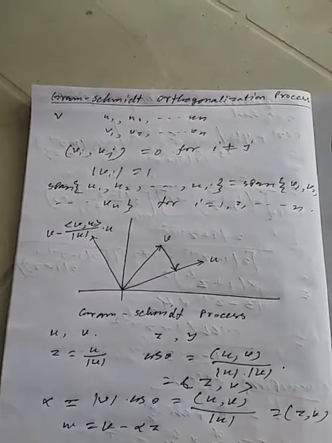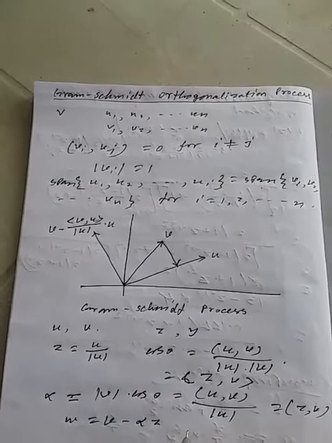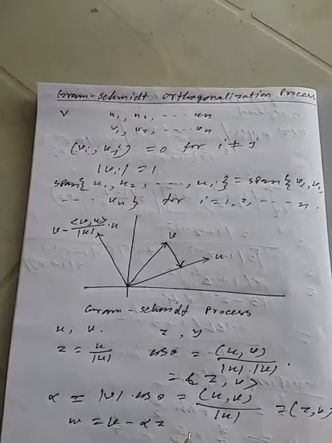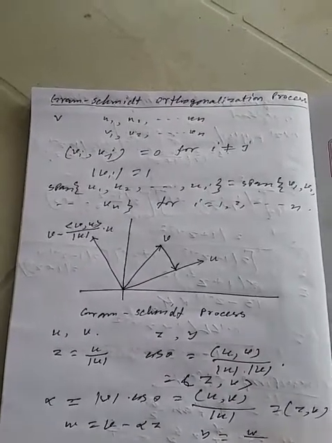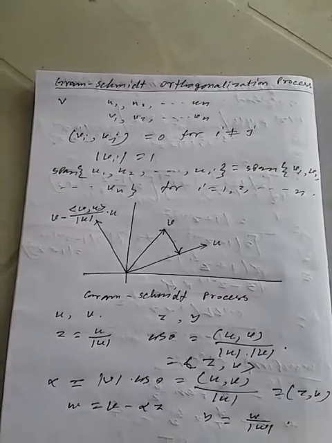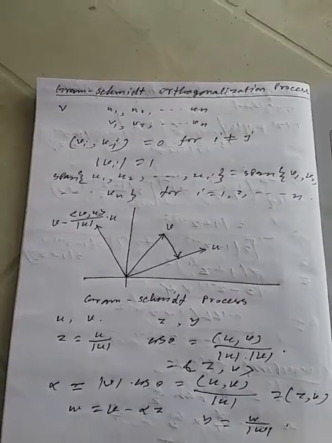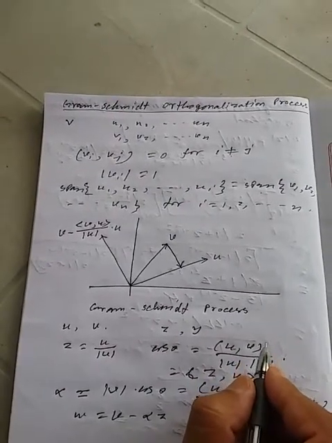Now the vectors that we are interested in are z and y. Y will be equal to w by mod of w. This idea is used to give the Gram-Schmidt orthogonalization process.